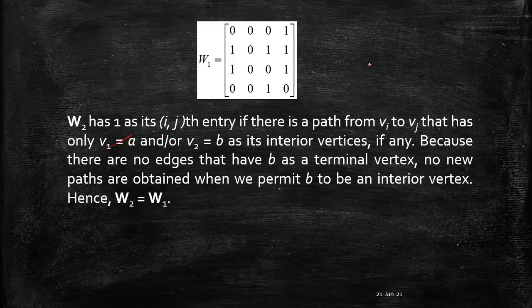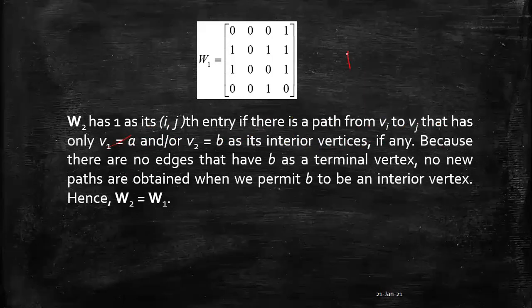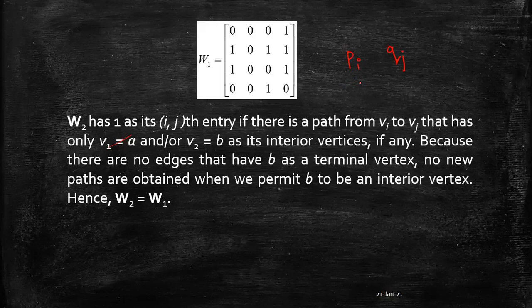Because now if you look over here, for this value, if I take Pi and Qj for W1, now let's look at the values. For W1, we have ones at position 2. We have to look at the second column and second row. In the second column, there are all zeros, so there is nothing over here. In the second row, we have ones at the position 1, 3 and 4.